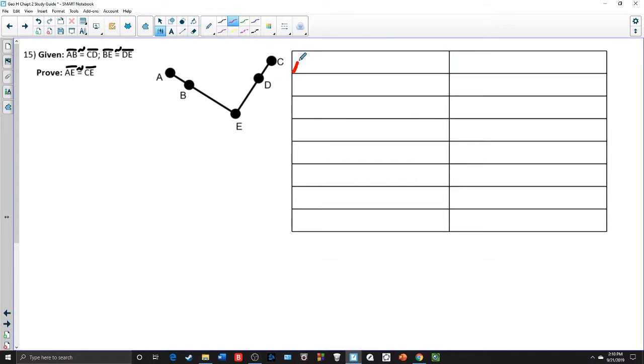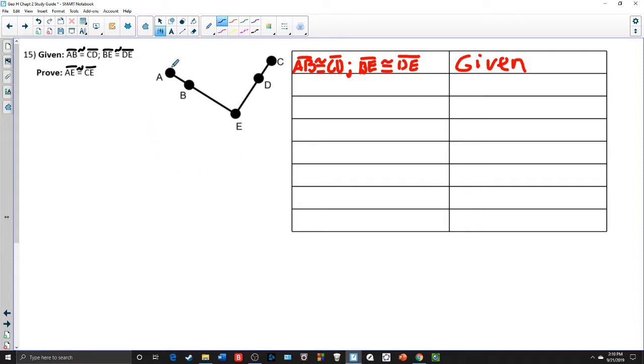So we'll say AB is congruent to CD and BE is congruent to DE. And this reason is by given. That's not too bad. So AB congruent to CD, BE congruent to DE by given.